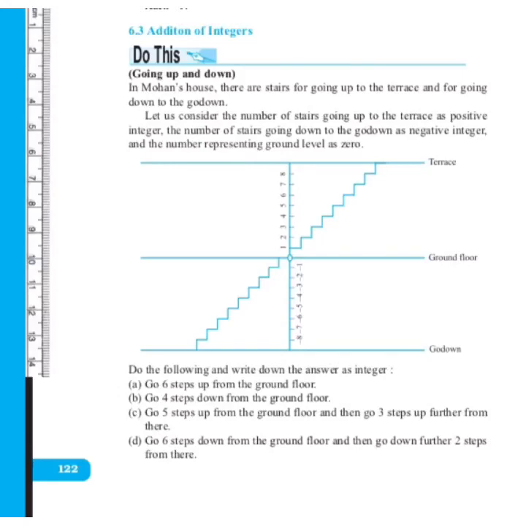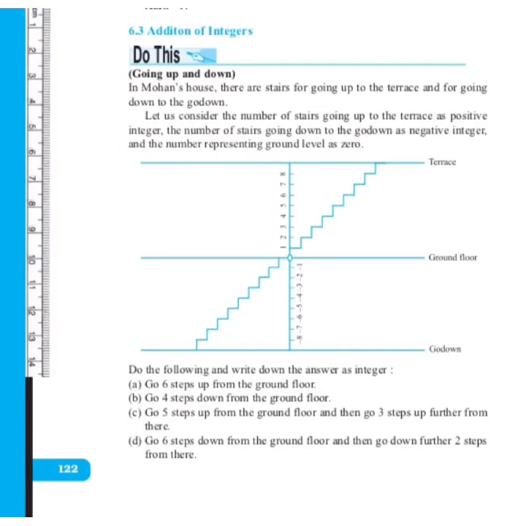In my earlier videos, we have already learned that below is considered as negative integers and above is considered as positive integers. So here also stairs going towards terrace are considered positive and stairs going towards godown are considered as negative integers. Children, here you can see, do the following and write down the answer as integer.